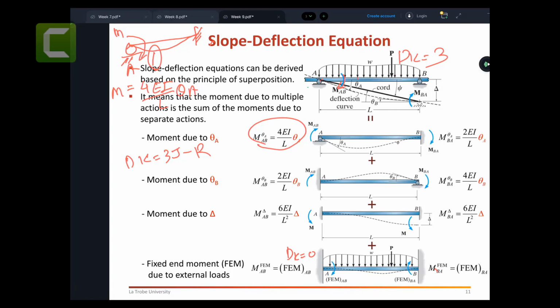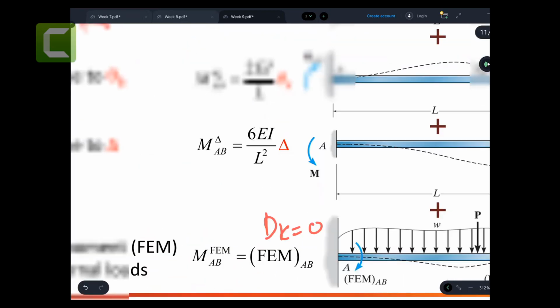That would be half of what you are getting here, right? You can do the calculations here, by the way. That will help you find 2EI on L theta A. So if someone applies the moment 4EI on L theta A, then at the other end the reaction moment is 2EI on L theta A. Oops, sorry.